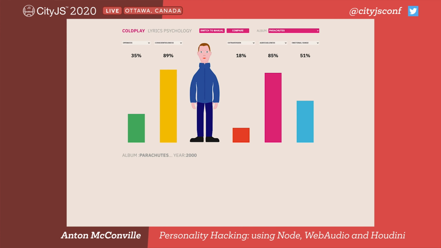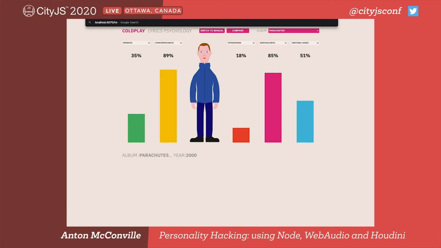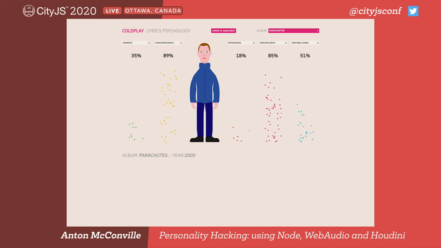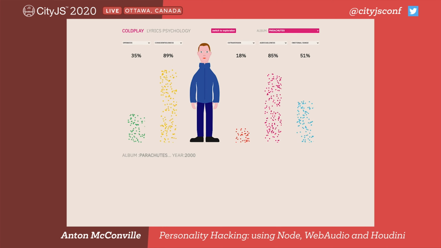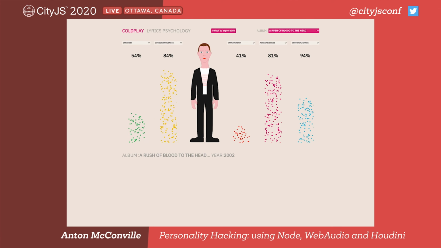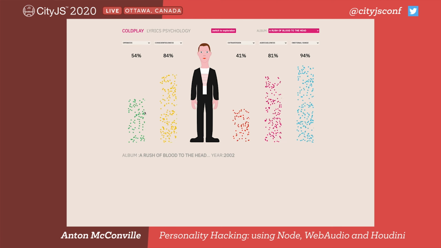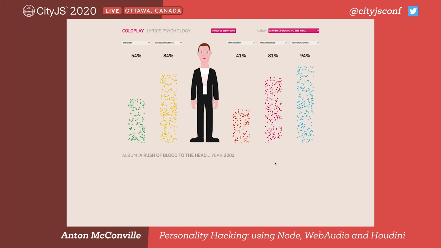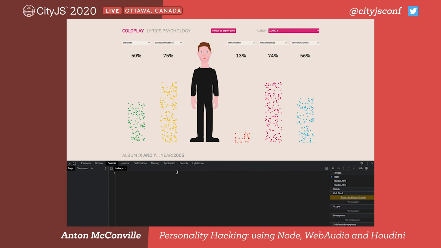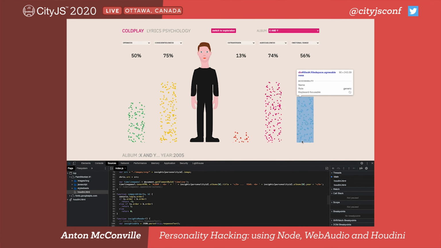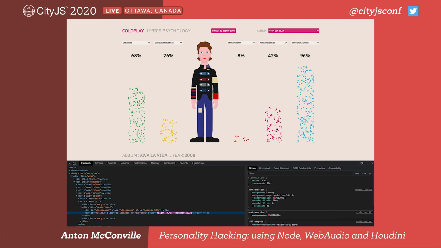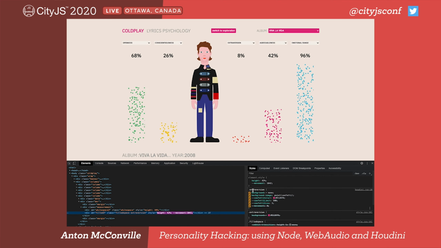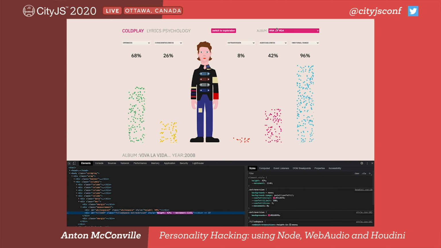If I pop back here and look at the Houdini version, you can see hopefully the confetti bar charts going up and down. So this is my attempt at confetti. And if I was to open up the inspector and choose those, there's a CSS class for each one. This is extra version.